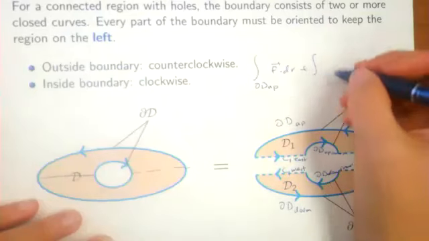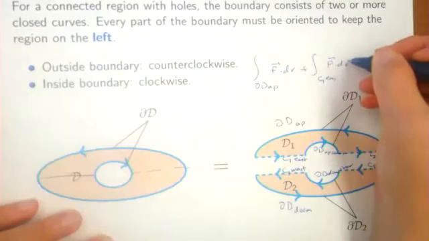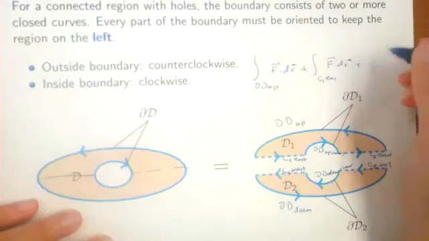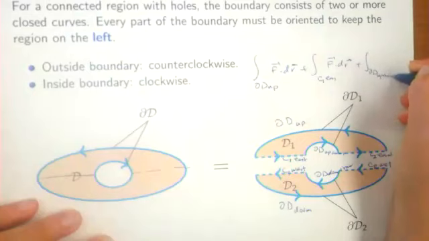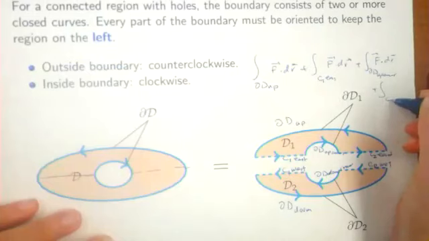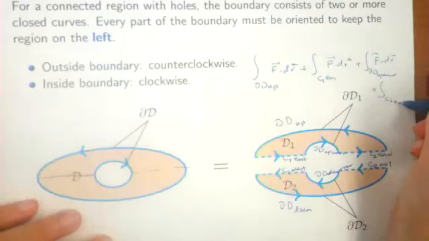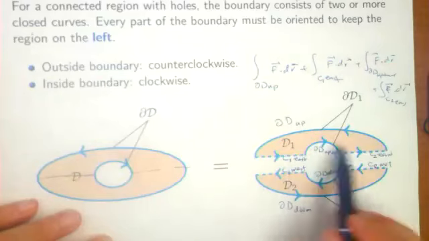So basically it's going to be over C1 east F dot dr plus up inner F dot dr plus C2 east F dot dr. So this is the entire boundary.